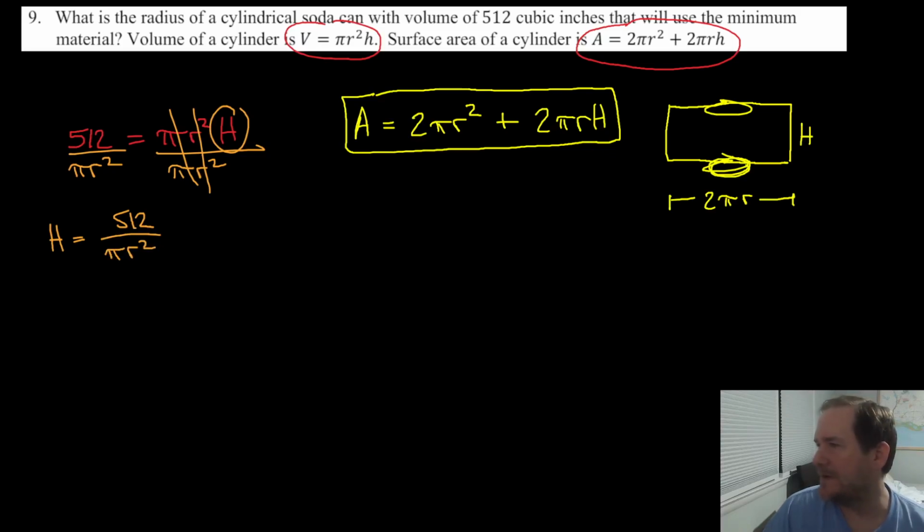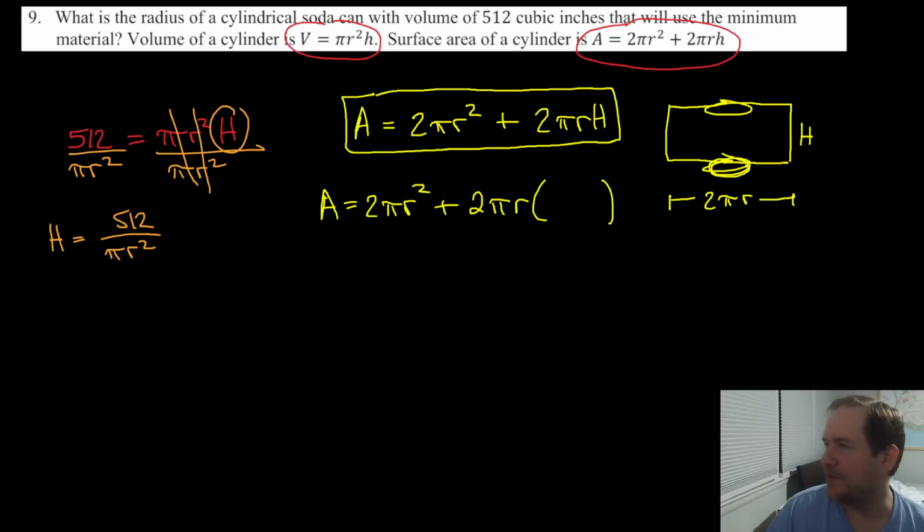So I can plug that in now. My optimization equation is now A equals 2 pi r squared plus 2 pi r, and now instead of h, I substitute in this expression, the 512 over pi r squared.